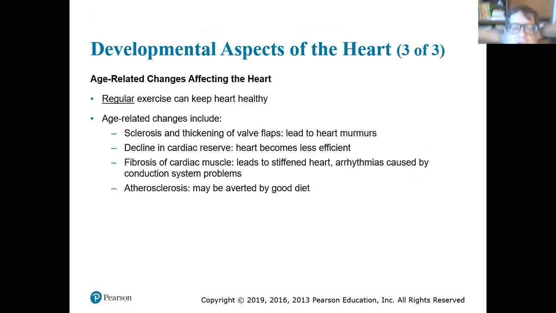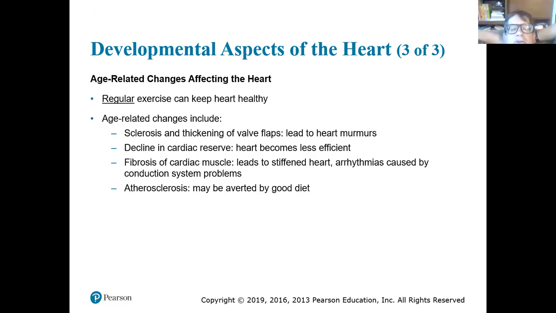Now let's talk about age-related effects. Over time, basically stay active, exercise your whole life to keep your heart healthy. Over time, you have age-related changes to the heart that are all bad. Sclerosis, hardening of the arteries, thickening of the valve flaps, those cause heart murmur.